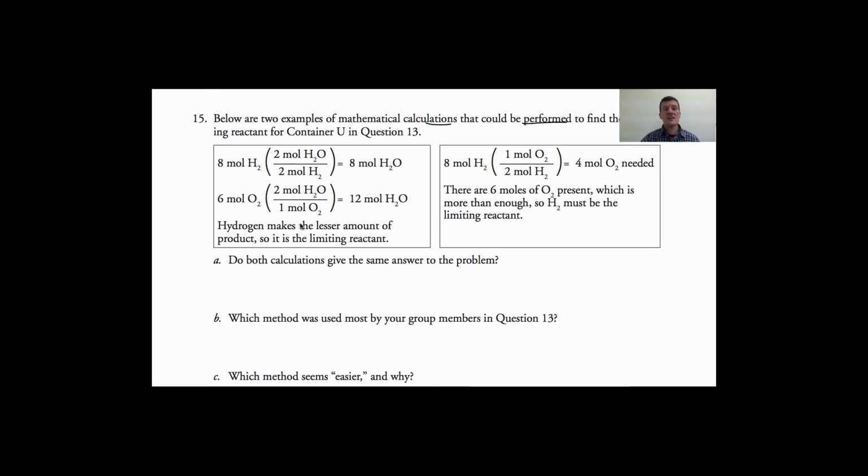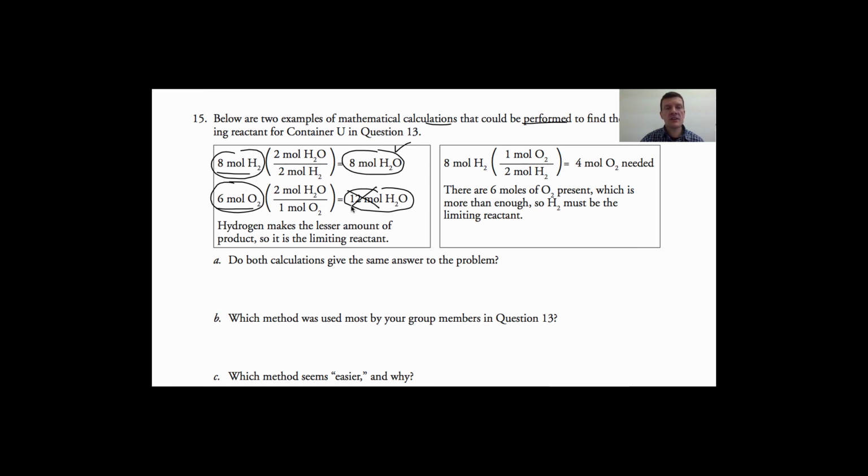And they're saying, well, you can't produce 12 moles of water with 6 moles of oxygen if you can only produce 8 moles of water with 8 moles of hydrogen, assuming that you've got these 2 quantities as reactants. So basically what they're saying is calculate the amount produced from each of the reactants individually, assuming the other one is in excess, and then compare.